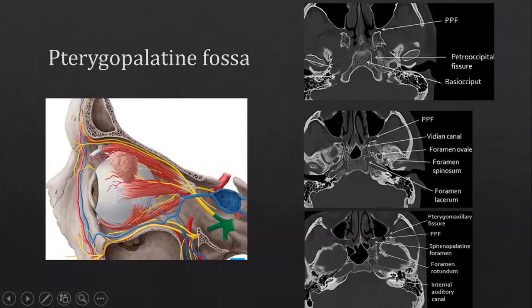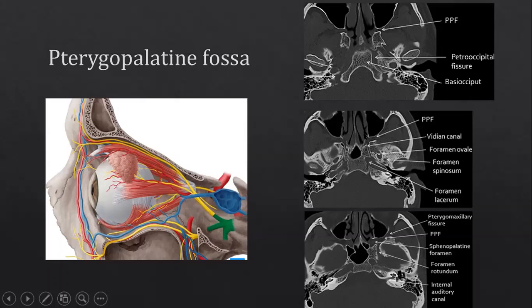But also it leads into the orbit via the inferior orbital fissure. And we have looked at the infraorbital nerve and the perineural spread of disease earlier on as to how it affected the infraorbital nerve and the pterygopalatine fossa. So these are the anteroposterior extensions. But what about the lateral extensions?